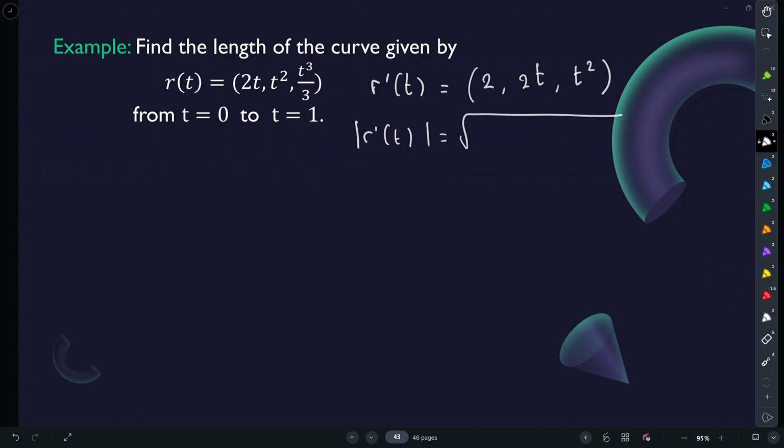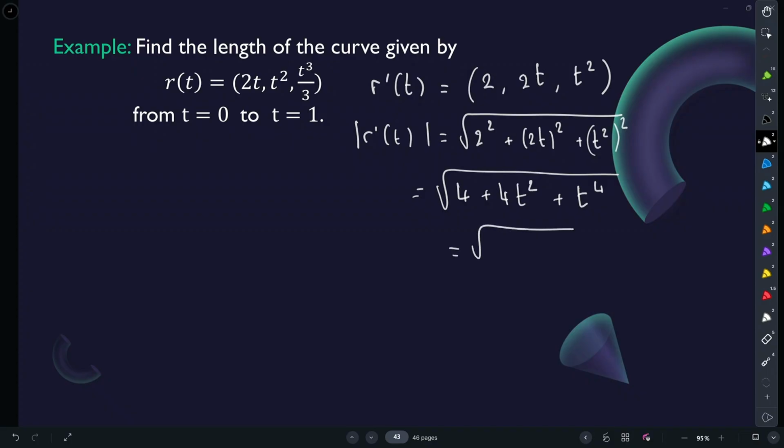This will be the square root of 2 squared plus 2t squared plus t squared squared, and that is the square root of 4 plus 4t squared plus t to the 4. Is that a perfect square inside the square root that will help me simplify this? It's t squared plus 2. So this is the square root of t squared plus 2 squared, and therefore it is just t squared plus 2.